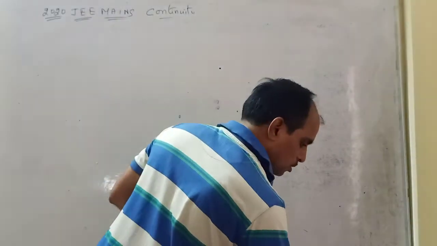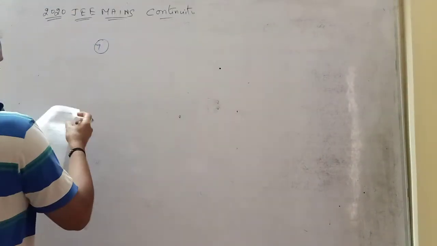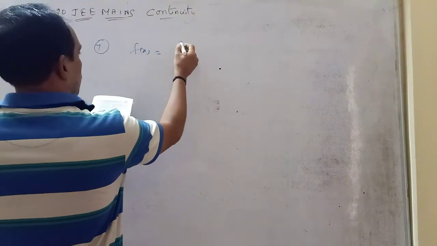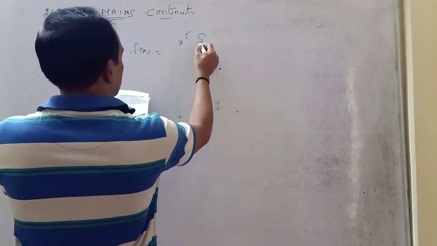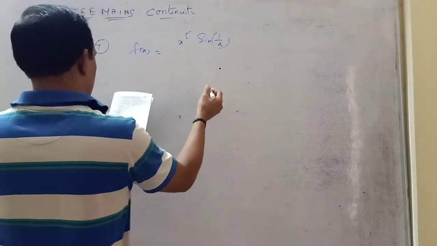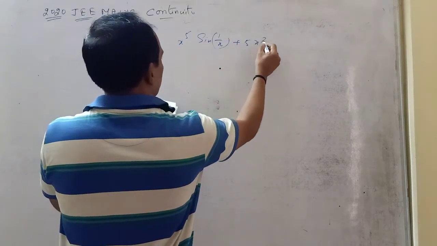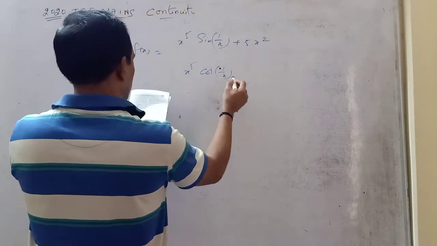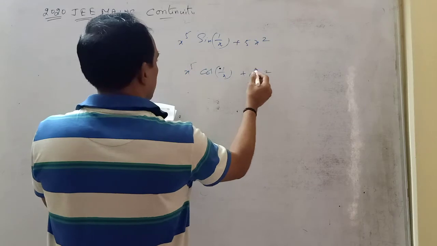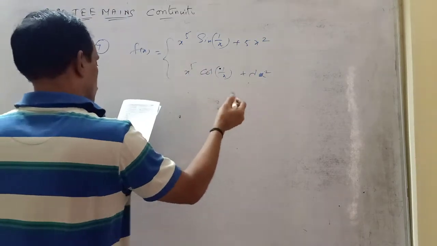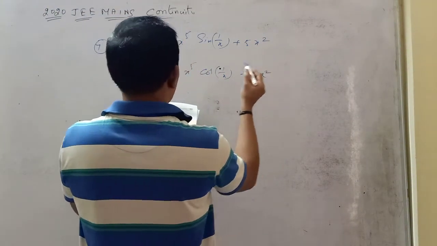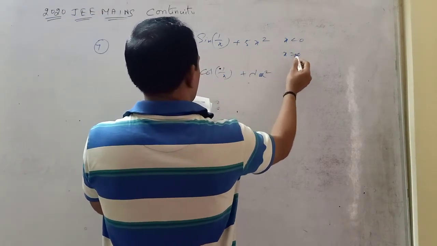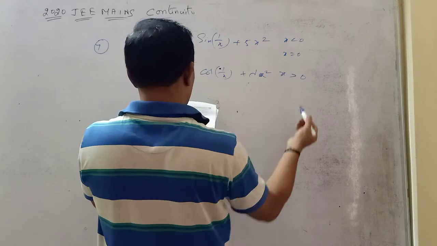Now you see the 7th question. f(x) = x to the power of 5 sin of 1 by x plus 5x square for x less than 0, 0 for x equal to 0, and x to the power of 5 cos of 1 by x plus lambda x square for x greater than 0.